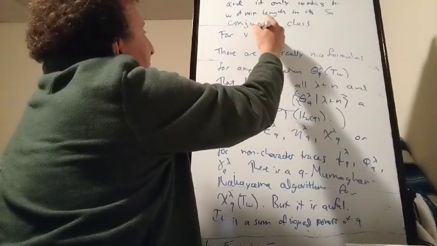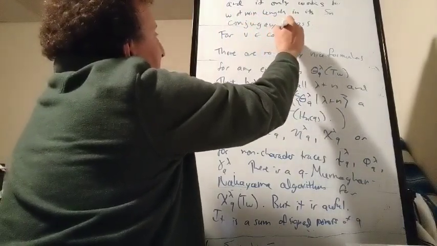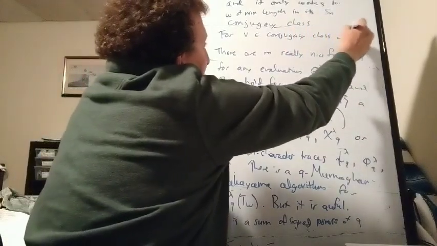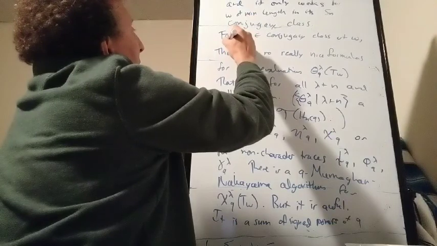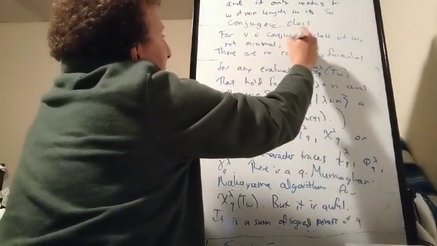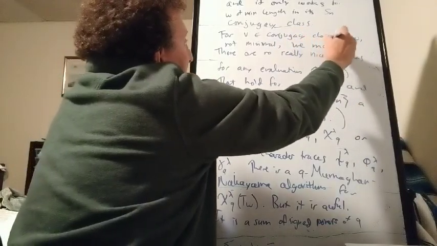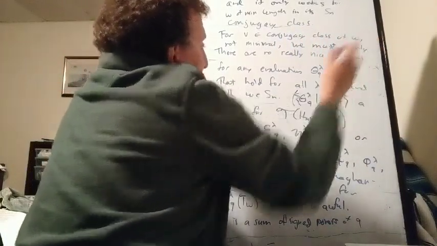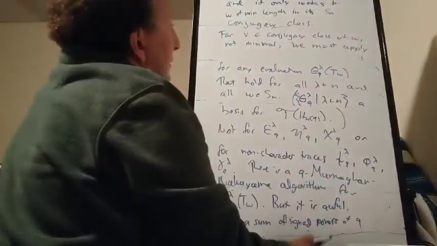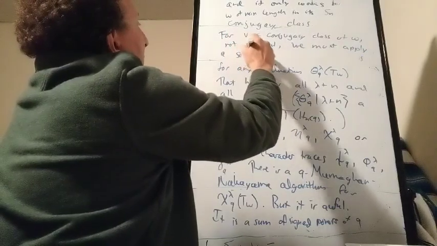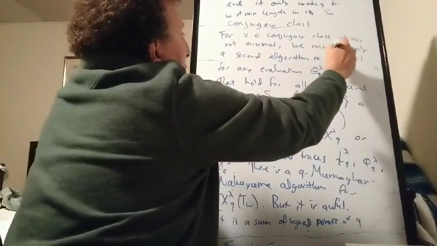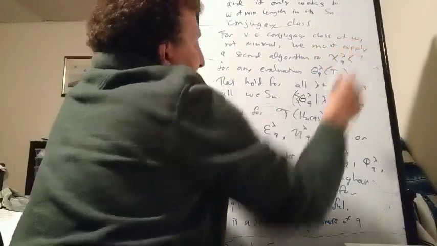So if we have V in the conjugacy class of W, but not minimal, then we have to apply a second algorithm to the evaluation of TW.